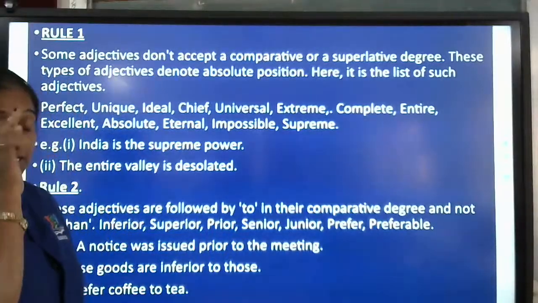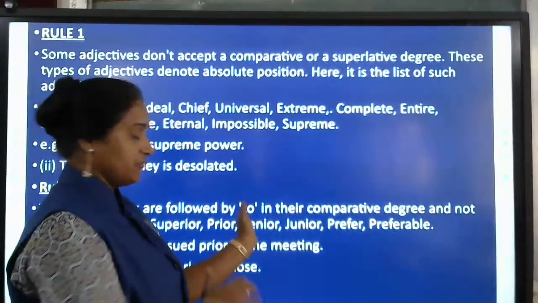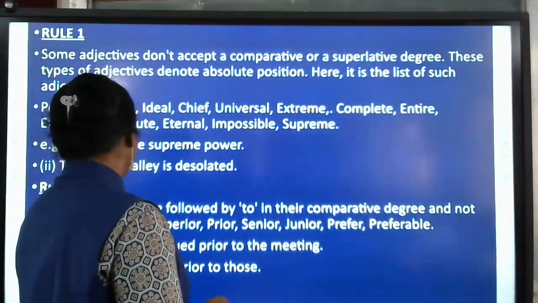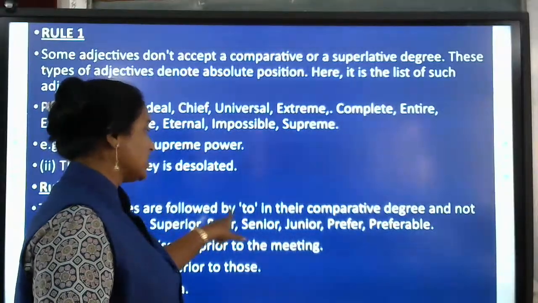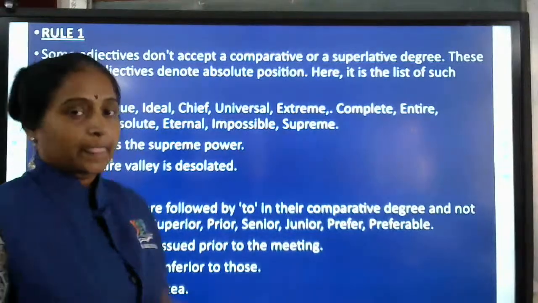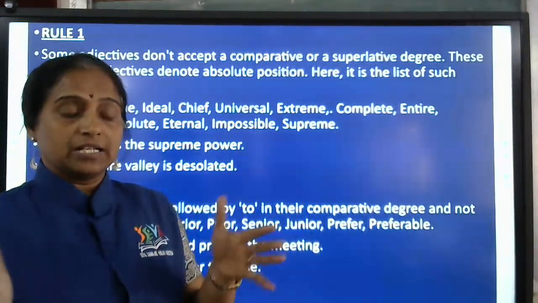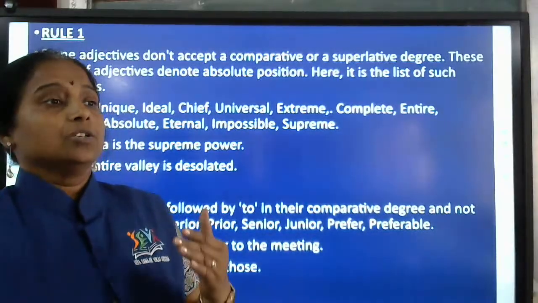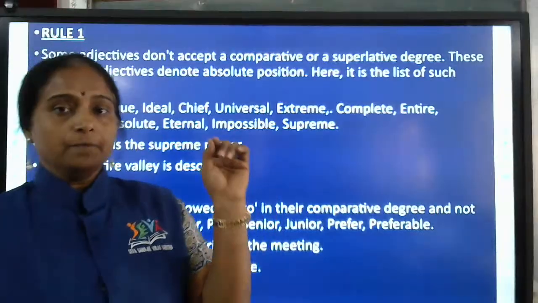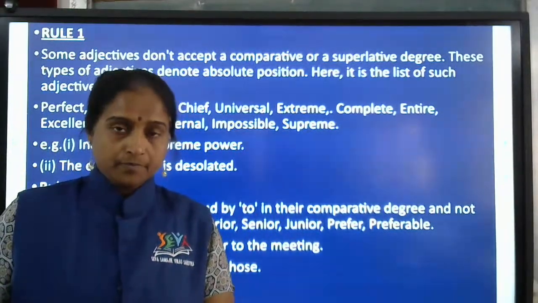Second rule: these adjectives are followed by to. Which are such adjectives that must be followed by to? When we are using them to compare something with something else, these adjectives are followed by to in their comparative degree and not by than. In the previous lecture, when we saw sentences in comparative degree, for example, Ram is taller than Sham.